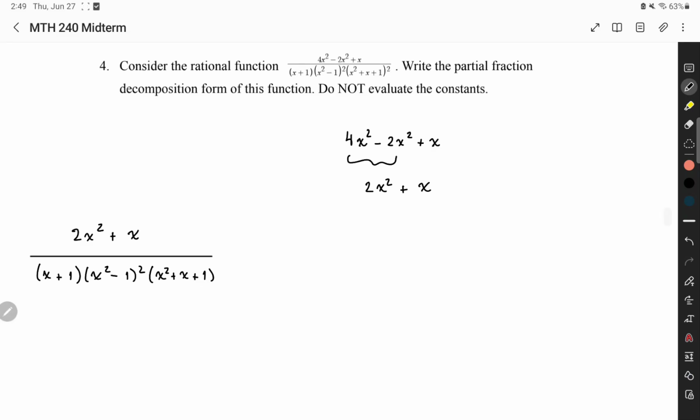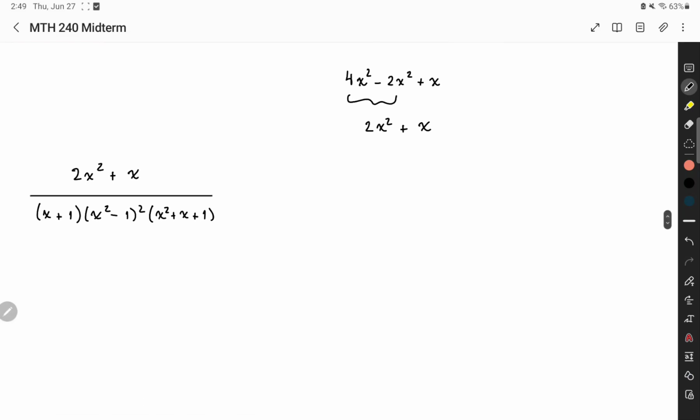Okay, so the first thing to do is break down our denominator. So x squared minus 1 squared. This x squared minus 1 squared is equal to x minus 1 squared, x plus 1 squared, because we know this x squared minus 1 is a perfect square.